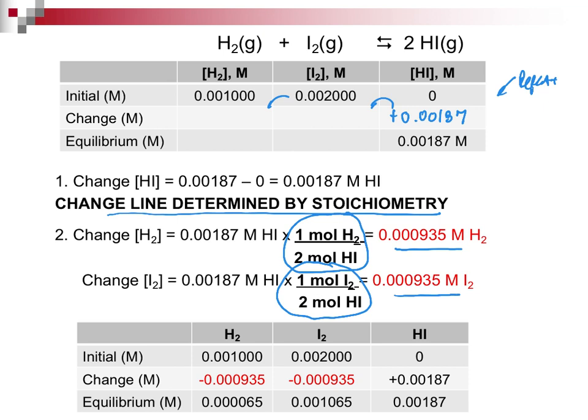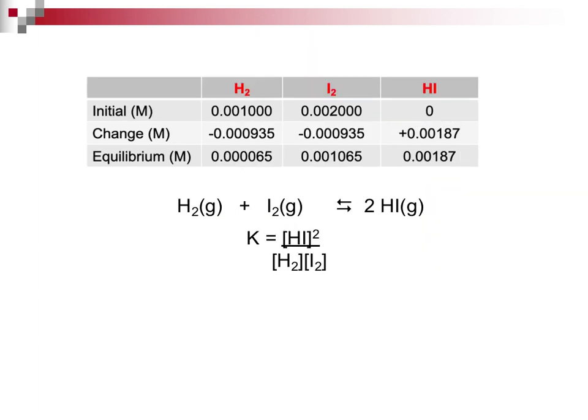I just did not want to say 1 to 1 to 2 because you're going to get a lot of different problems where these are going to vary, and you do need to do this calculation. So since this is complicated, I repeated it one more time. Here I have my values placed into the table, and what we have are our equilibrium numbers. Again, long problem.